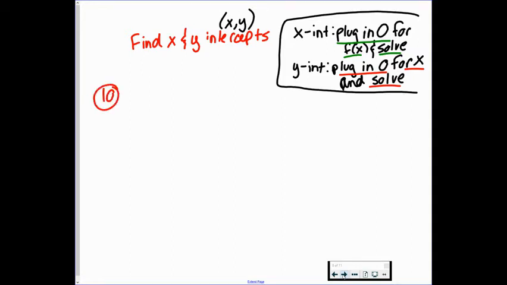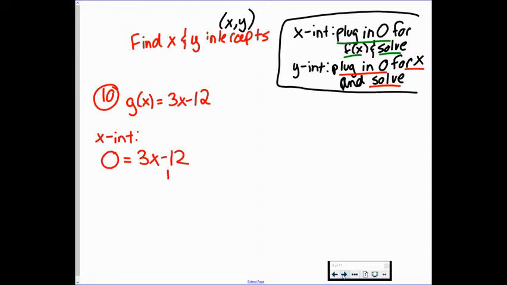We're doing the same thing, finding x and y intercepts of the equation 3x minus 12. First, let's go get the x-intercept by doing what our rule says. Plug in 0 for the function. So I plugged in 0 for g of x in this case. Now I'm going to solve for x.